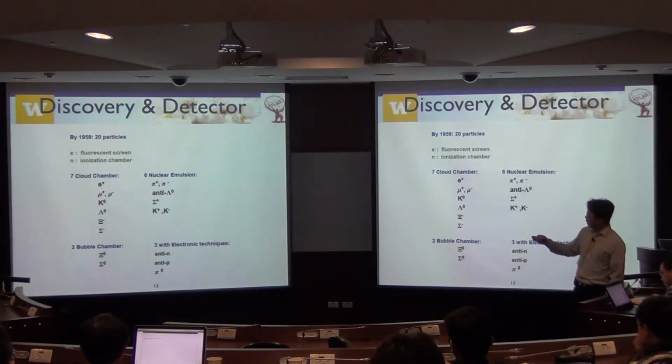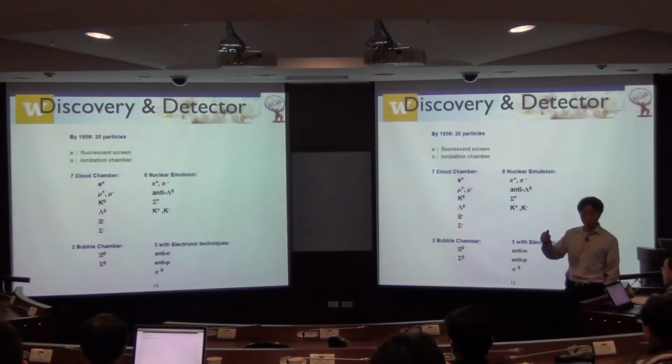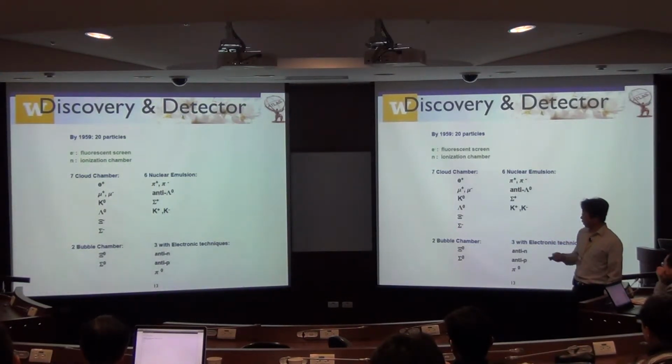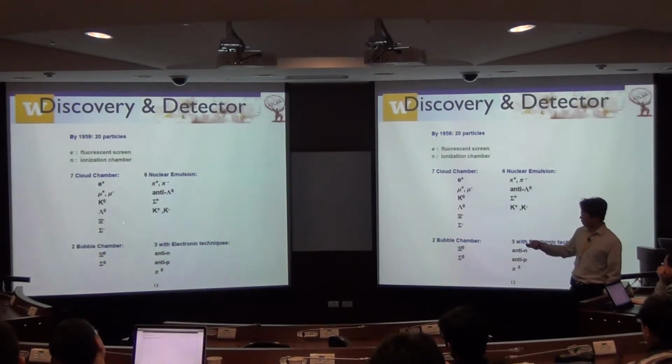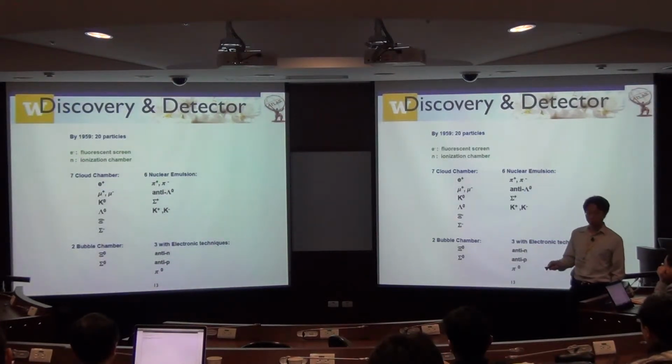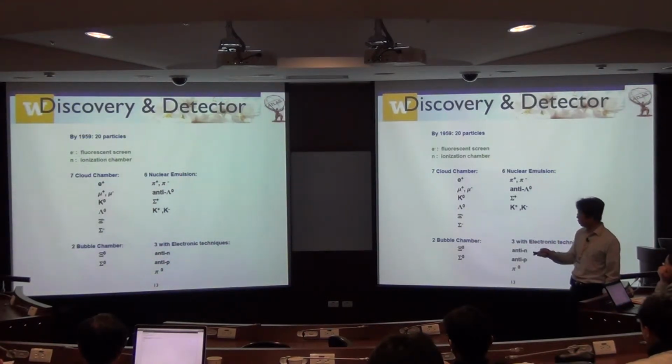By 1959, there were 20 particles listed in the Particle Data Group data sheet. So here, we list different particles discovered by all kinds of different detectors. I would like to point out some of them. For example, the cloud chamber.